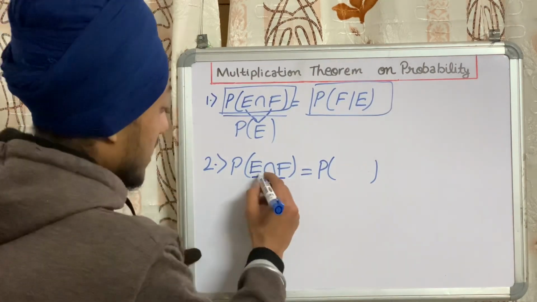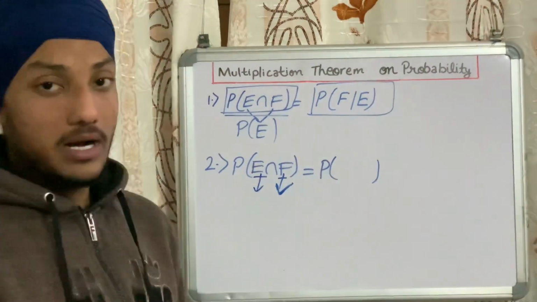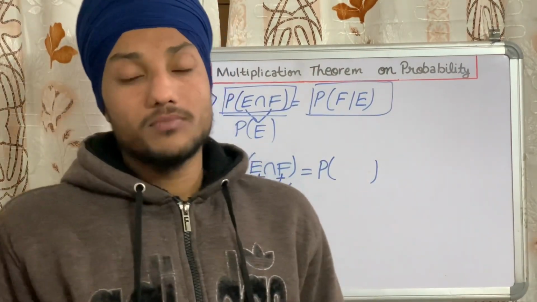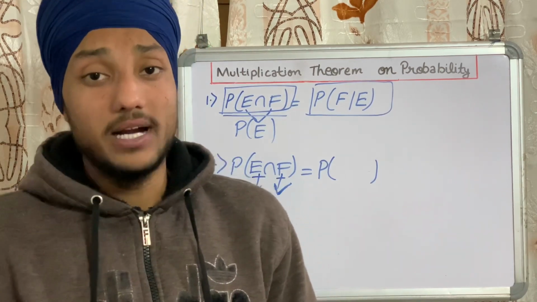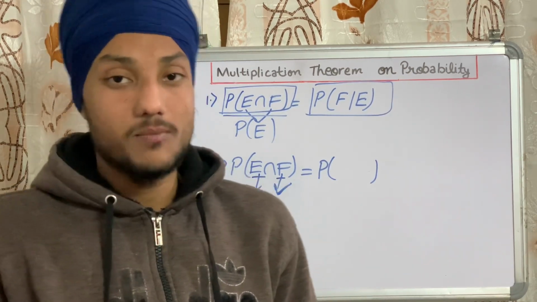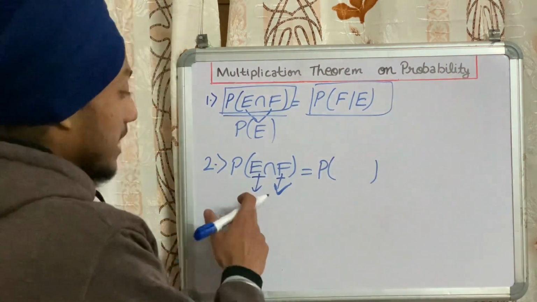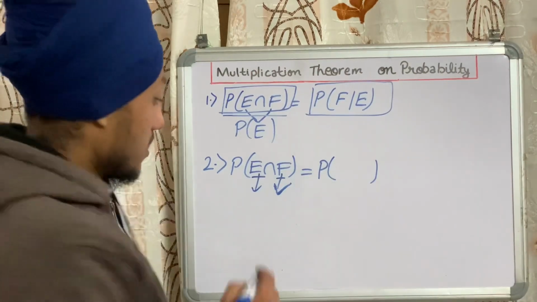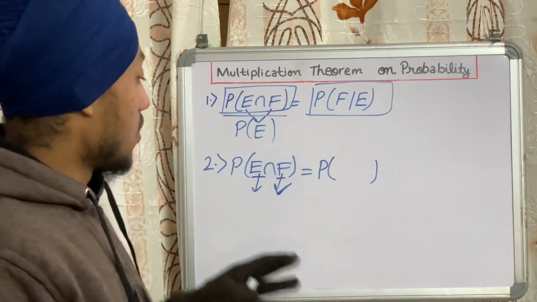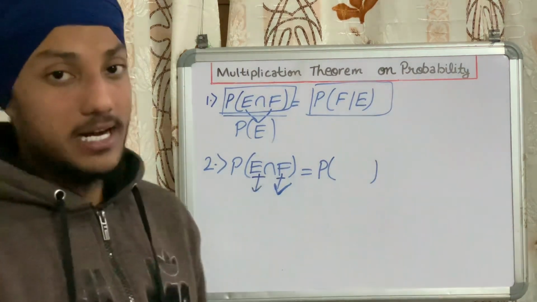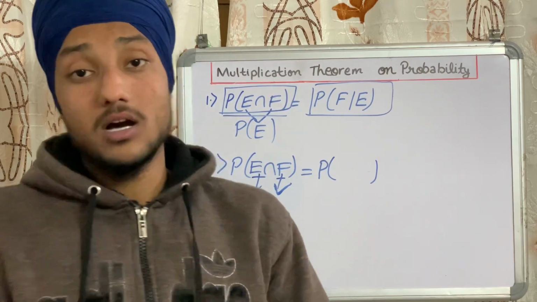For example, we are drawing two cards from a pack of 52 cards, and we are going to find the probability of E and the probability of F, where E represents a queen and F represents a king. So it implies that both should happen, one after another.